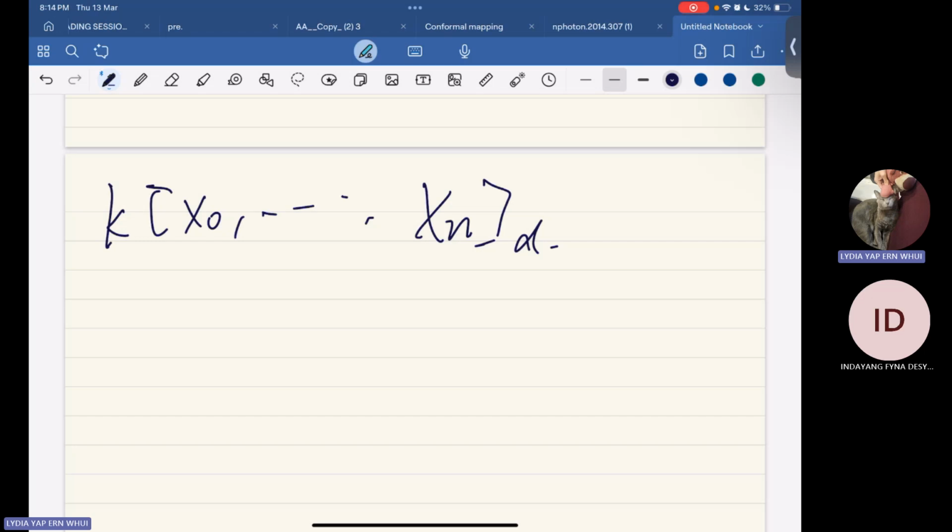The question is, let's simplify this into a way that high school students can understand this. We have D box. We want to put it in n plus 1 box, and each box can be empty. So how many ways can you put this box? I have D box, n plus 1 box. Can be empty. Do you remember how to do this? Shachi, do you remember?